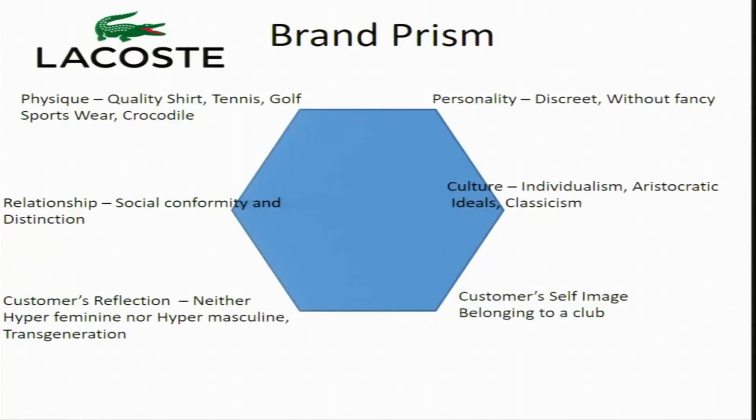So, this distinction is also an element in the relationship that the consumer has with the brand Lacoste. And what is the culture that is facilitating this relationship? The culture is that of individualism, of aristocratic ideals, and of classicism. The culture within the Lacoste brand or in the company is that of American individualism and aristocratic ideals.